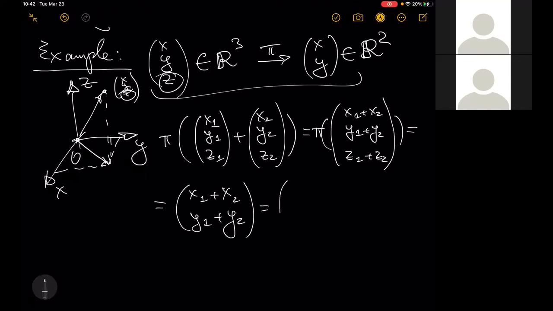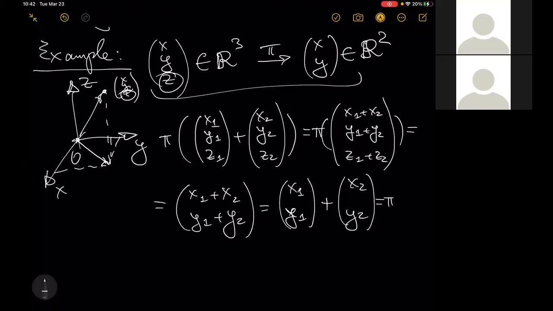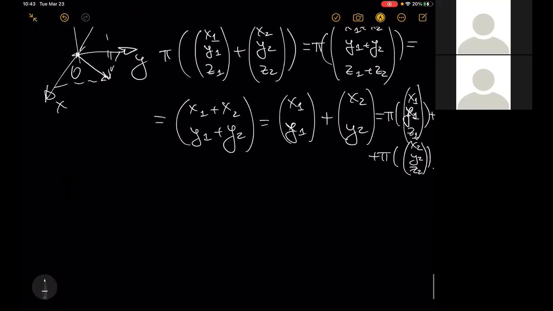But I can write it as pi of x1, y1, z1 plus map pi applied to x2, y2, z2, right? So we have shown that there is closure with respect to addition, preservation of addition.